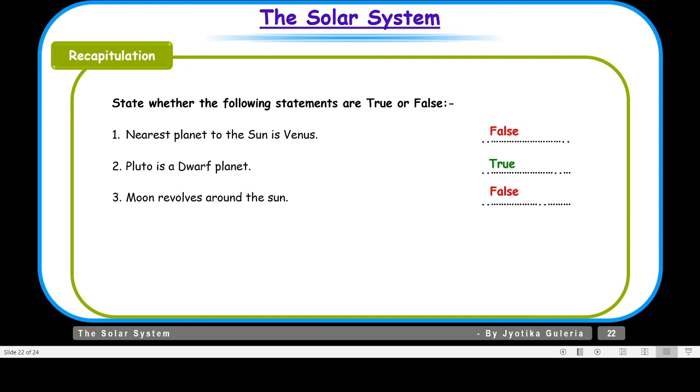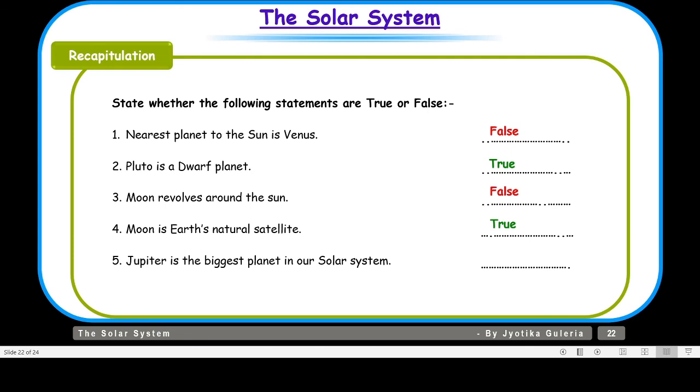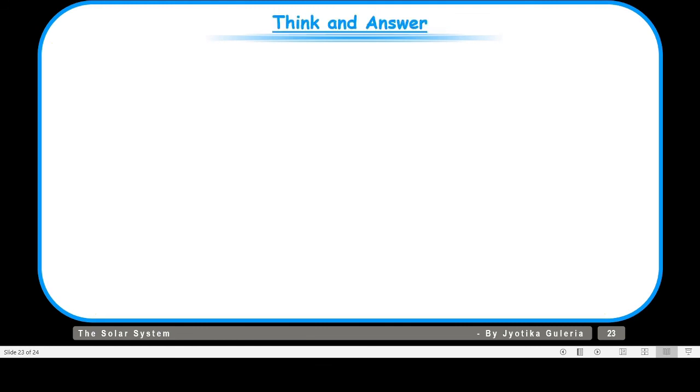Moon is a natural satellite of the earth and it revolves around the earth. Moon is Earth's natural satellite. That is true. Jupiter is the biggest planet in our solar system. That is again true. Neptune is the farthest planet from the sun. That is also true.